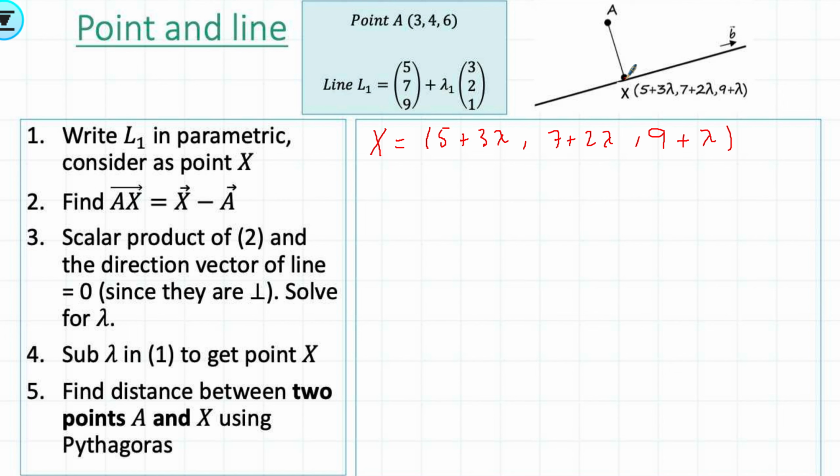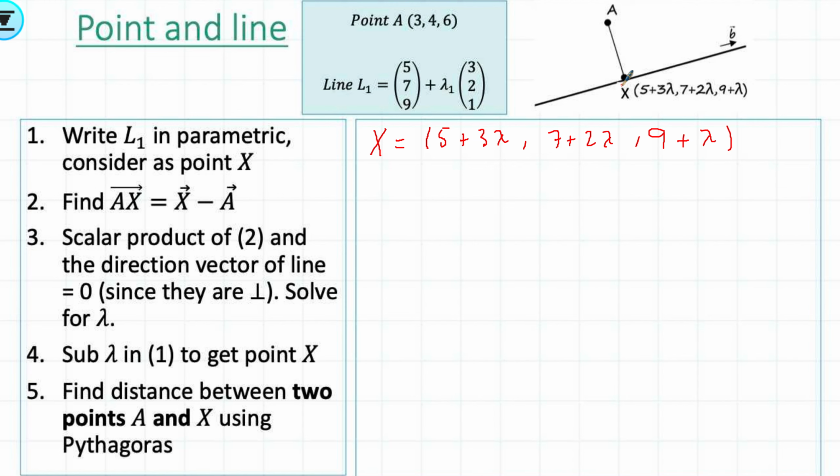And then we are going to assume this point x is directly here, below point A. Because this will be considered the shortest distance, every time we're asking for the distance between two representations, there's always this straight distance between them.